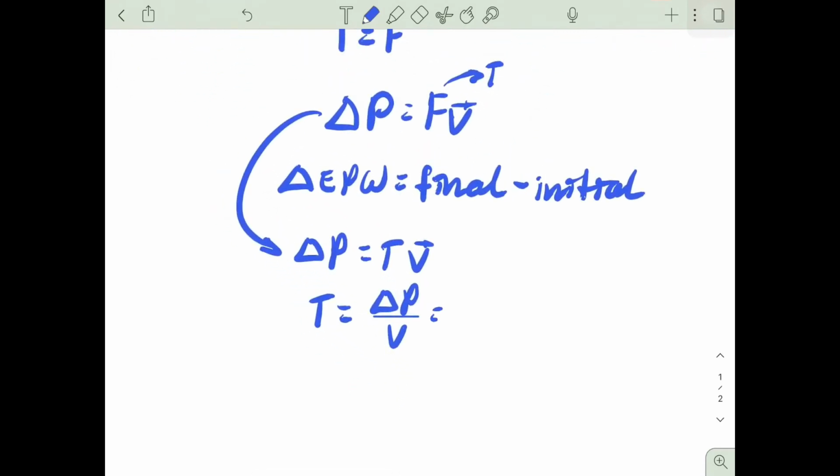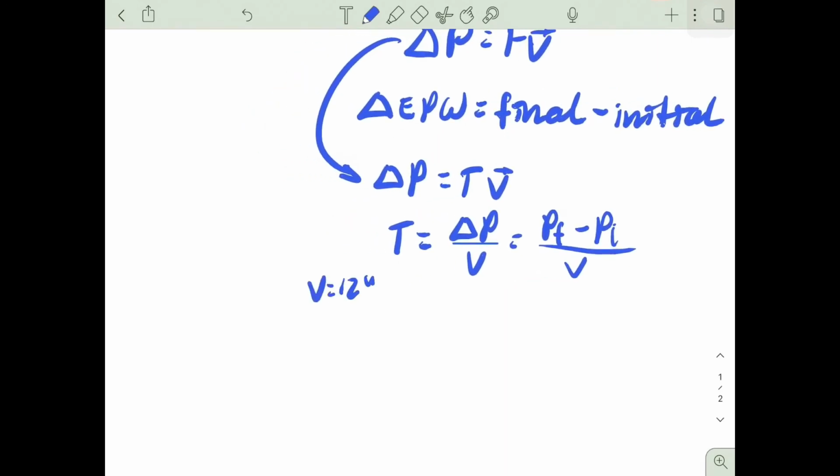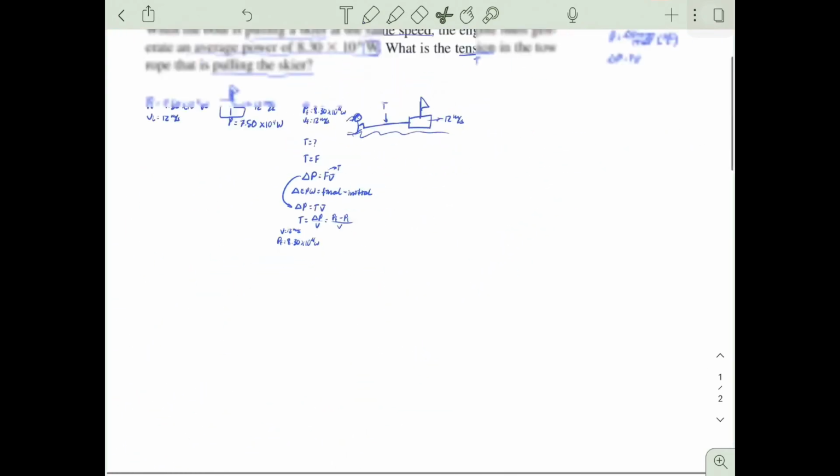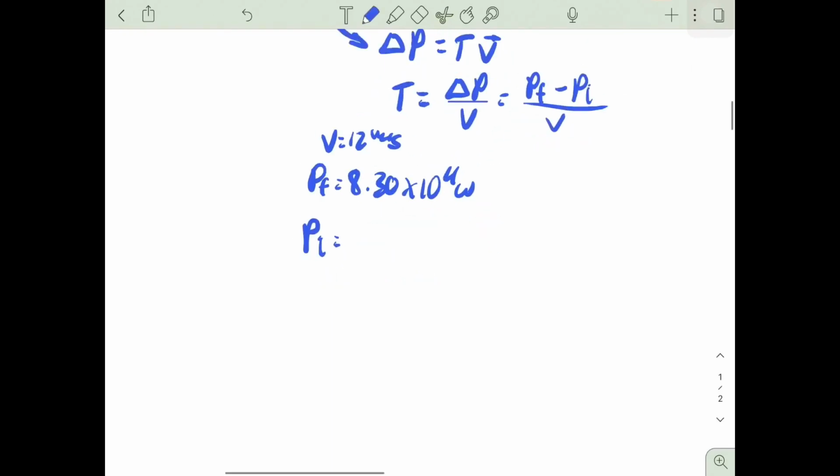As a simpler way, we know that change in power is just power final minus power initial, over velocity. We know our velocity, 8.30 meters per second. We know our final power is measured in watts.